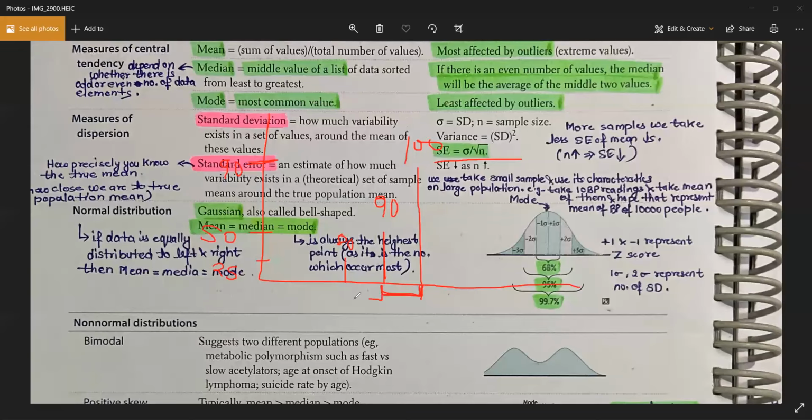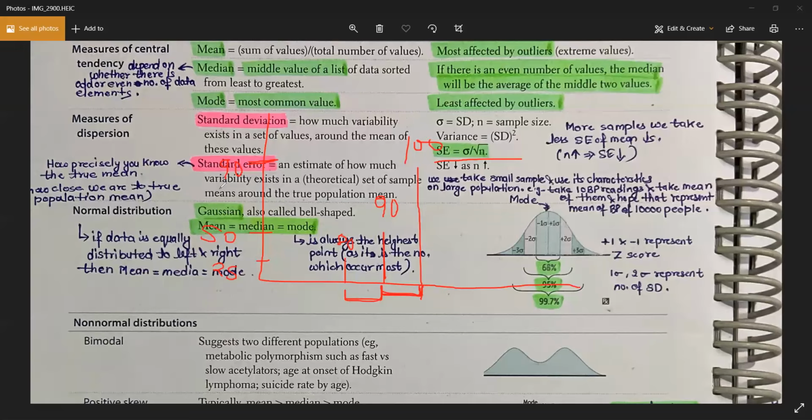This is the standard deviation. For that, you always need to calculate the mean first. All the values, how much they differ from the mean value, the spread of values different from the mean value, this is the standard deviation.